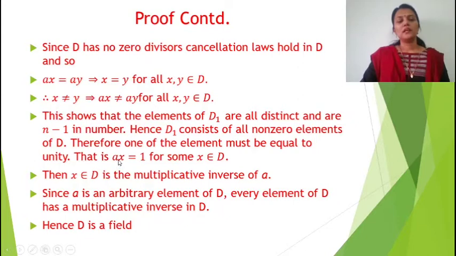Let it be Ax equal to 1 for some x in D. Then x is the multiplicative inverse of A. Since A was an arbitrary non-zero element of D, every non-zero element of D has a multiplicative inverse in D, hence D is a field. That's the only thing to be proven, and we proved it, and hence it's a field.